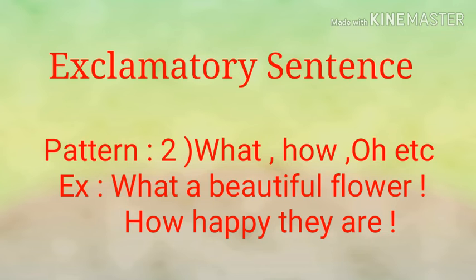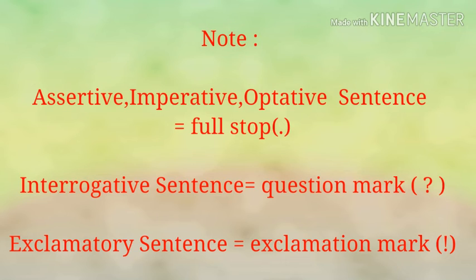And one important thing to note here is that the assertive sentence, imperative sentence and optative sentence end with a full stop. Means in these kinds of sentences you will find a full stop at the end of the sentence.